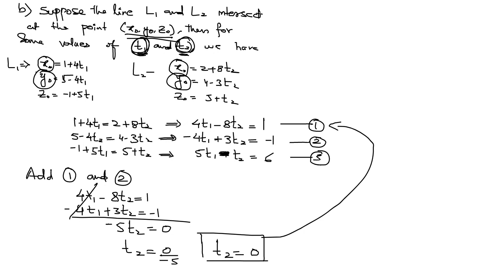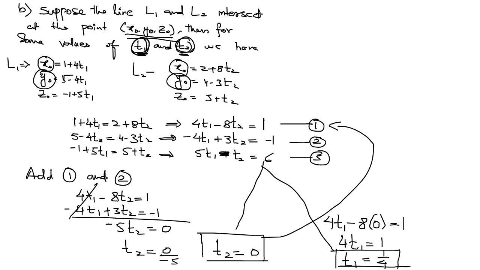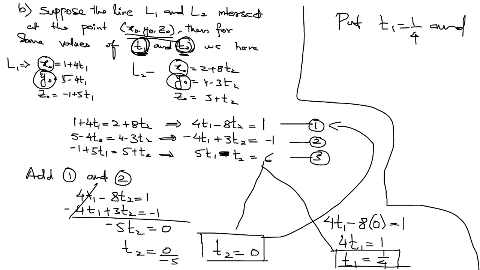Substitute t2 is equal to 0 in equation 1. You will get 4t1 minus 8 into 0 is equal to 1, so 4t1 is equal to 1, t1 is equal to 1 divided by 4. Okay, put t1 and t2 in equation 3. Put t1 is equal to 1 divided by 4 and t2 is equal to 0.